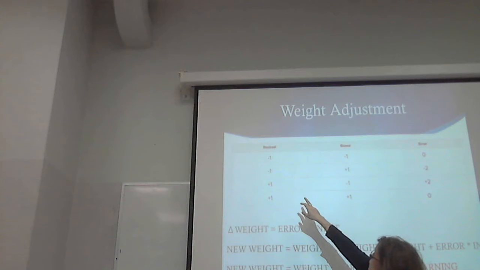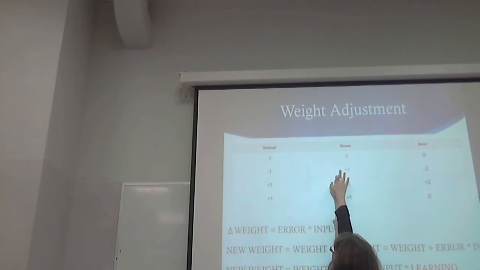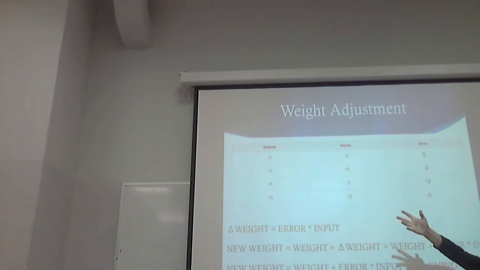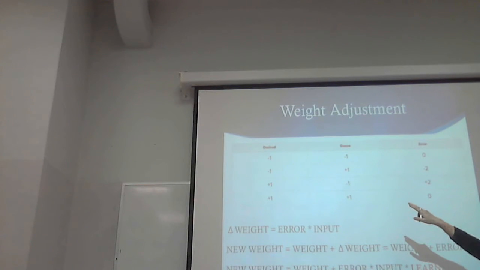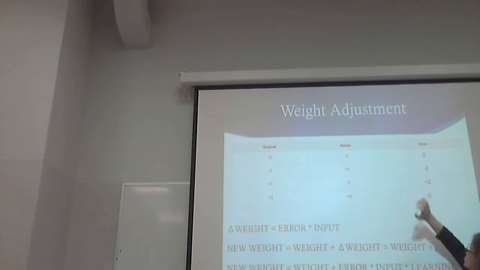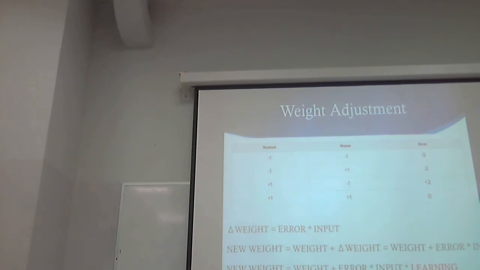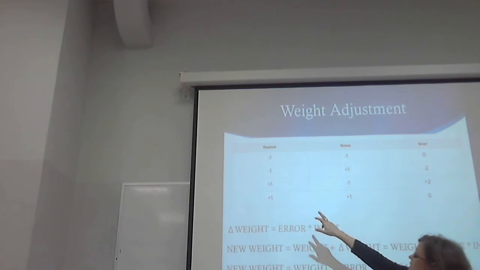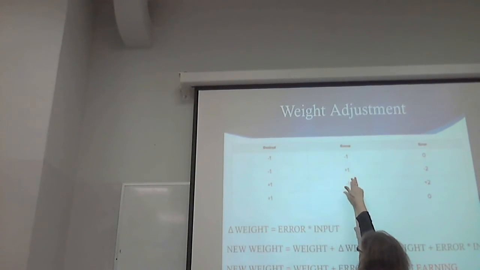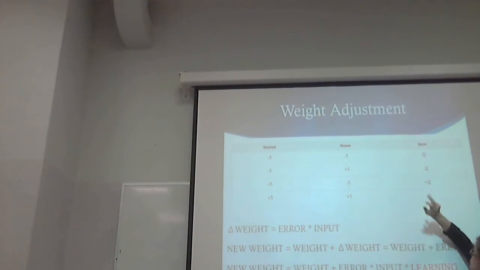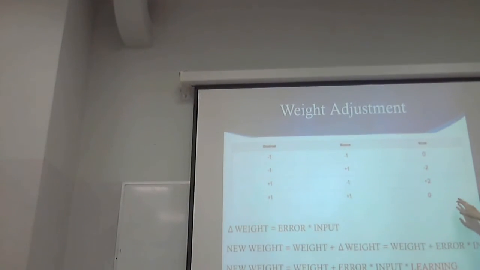Or if the correct answer was -1 and it guessed +1, then -1 minus this number would produce an error of -2. In the same way, if it's +1 but it guessed -1, then this number minus that one produces +2. And if both are +1, then we have an error of 0.